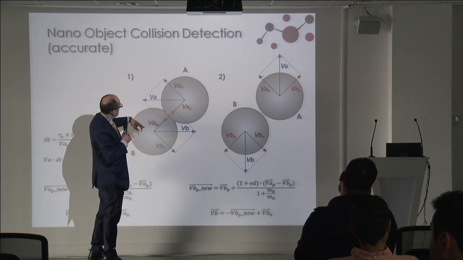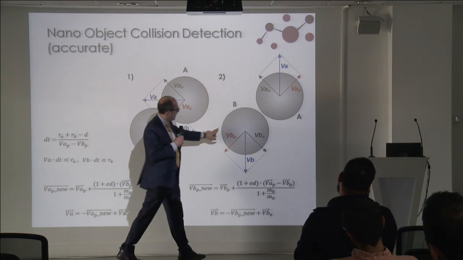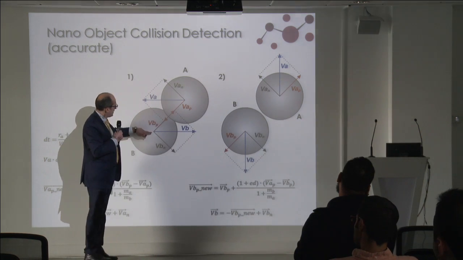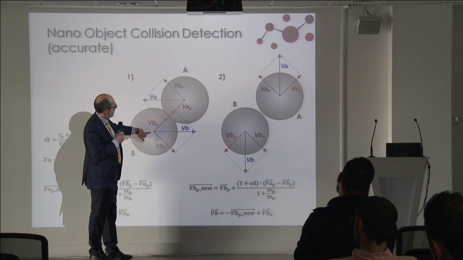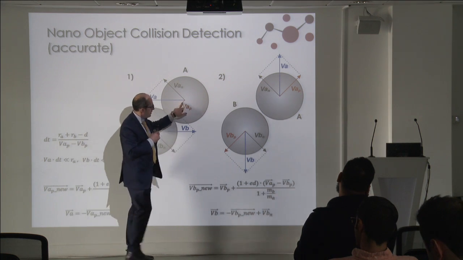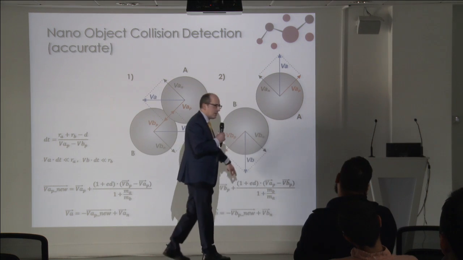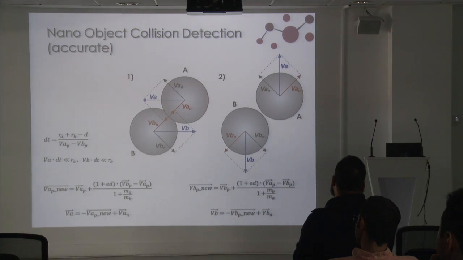Here you can see that the components in the orthogonal direction remain unchanged, while the components in the direction connecting the two centers are reversed, and we determine this way the resulting velocity for the particles that actually hit each other.